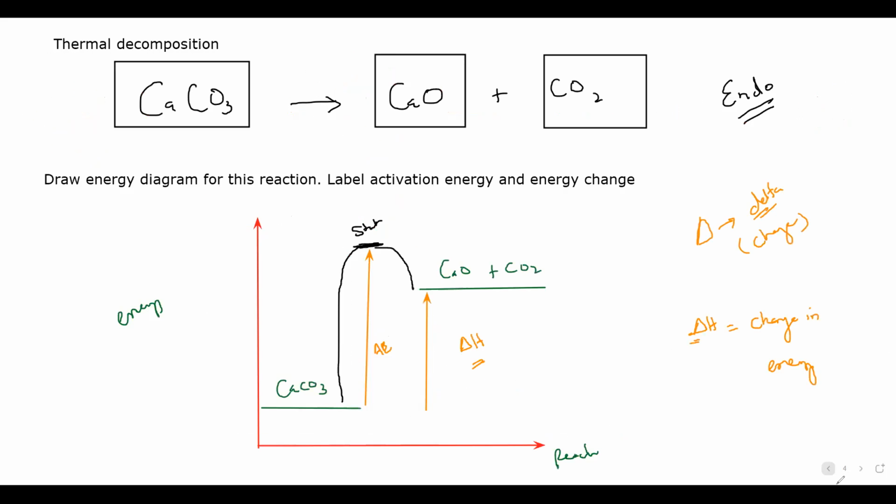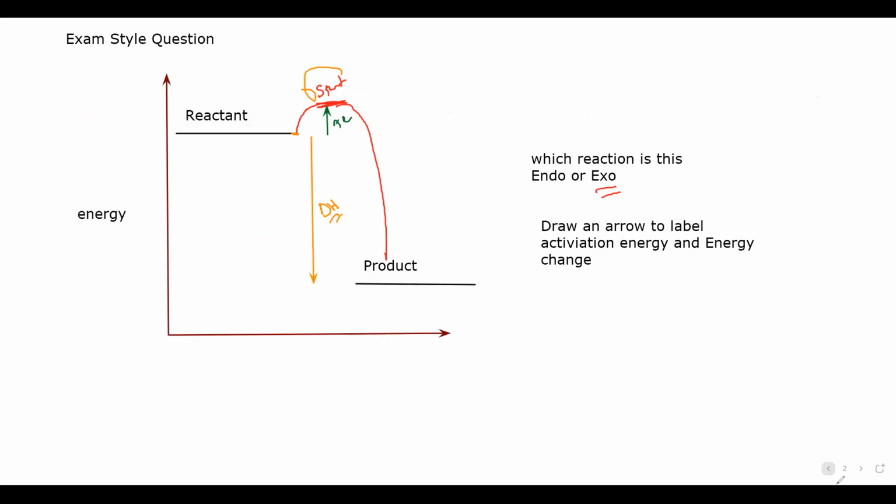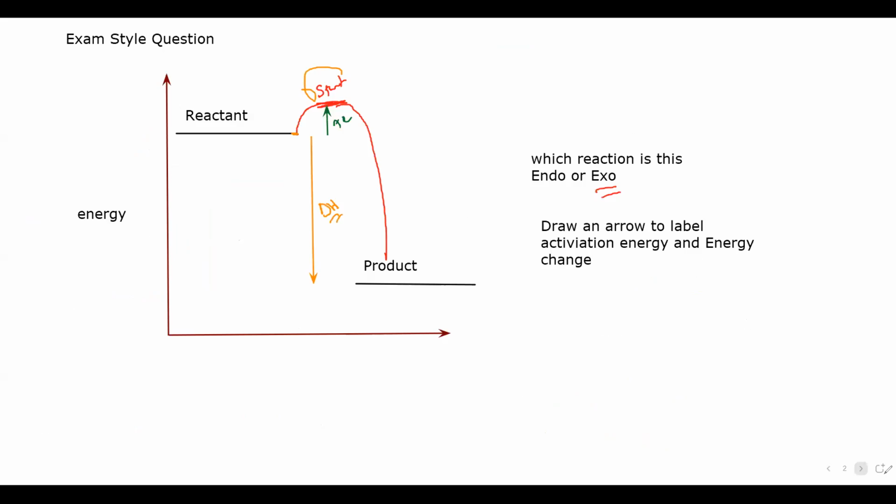First, you have to identify the type of reaction, and then the energy diagrams are fixed. For endothermic, reactants have less energy and the product has more, whereas for exothermic, reactants have high energy and the product has low energy.